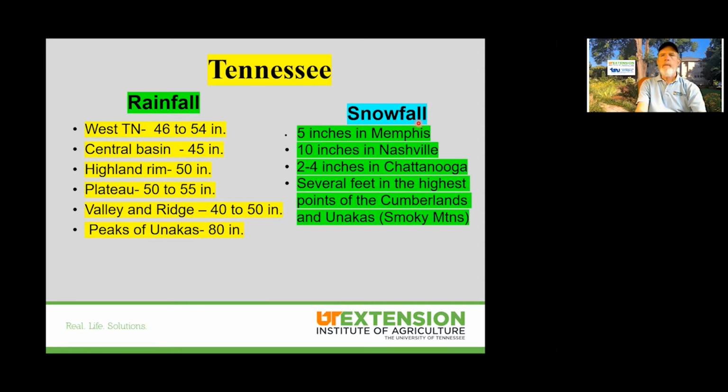We don't get all that much snowfall, which is kind of nice, but it's nice to see a little bit of snow. They do get it up in the mountains, but we usually get 2 to 4 inches in Chattanooga. Can't remember when we had our snowfall last. We might get some this year, but Nashville might get a few more. Memphis is about like us when it comes to snowfall.